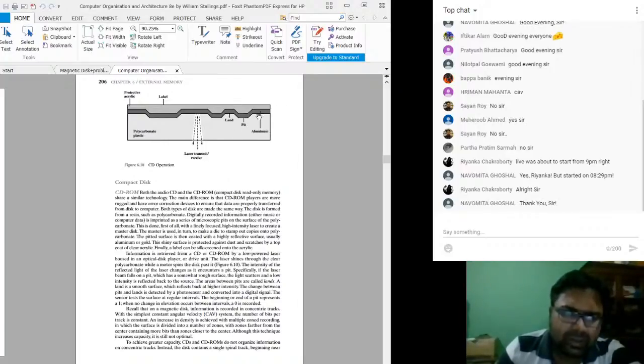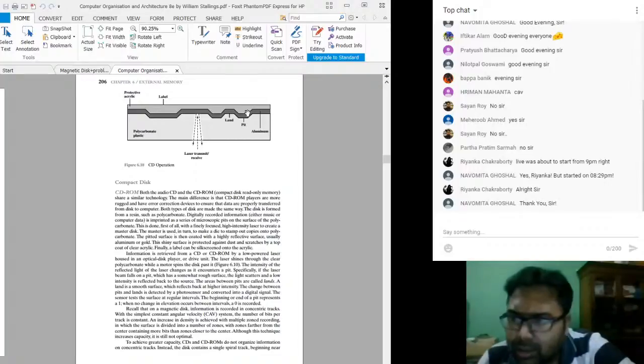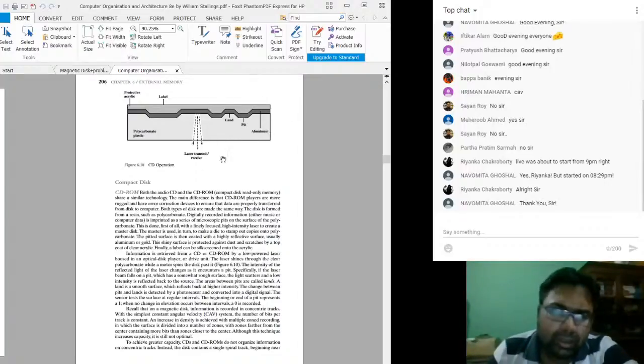Based on the amount of light which is getting reflected, you can read the contents of the CD-ROM. So information is encoded in the form of lands and pits in the CD-ROM.